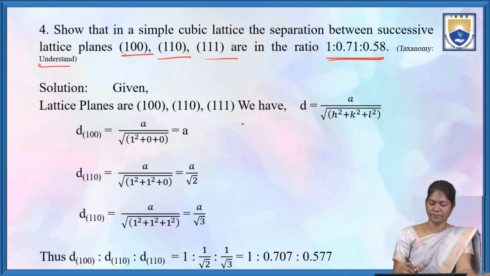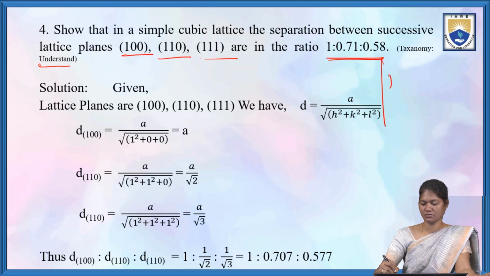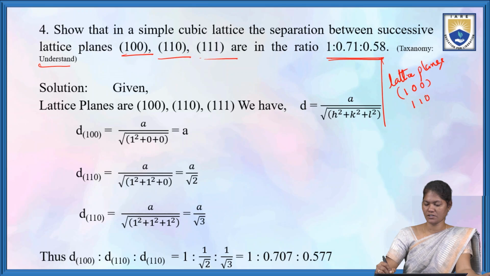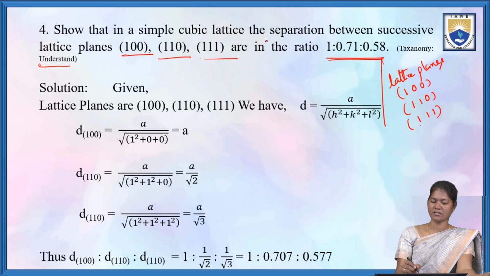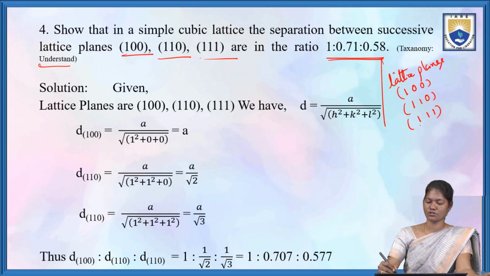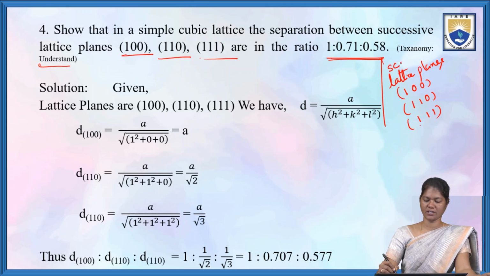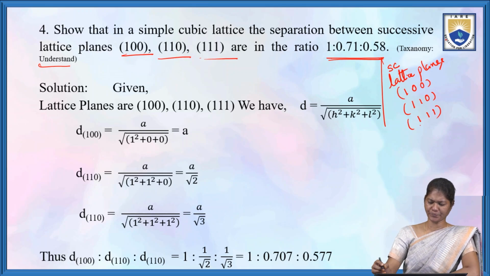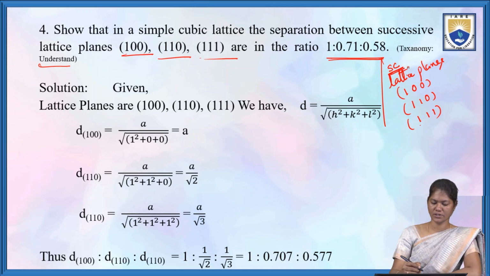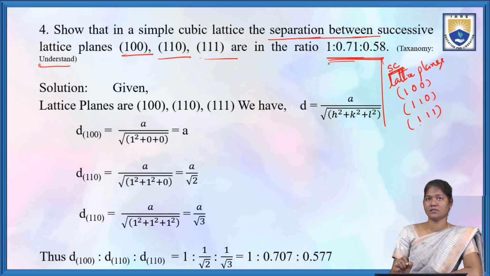So let's see. The lattice planes are 100, 110, 111. This belongs to the simple cubic lattice. We need to calculate first, then we'll show the ratio.